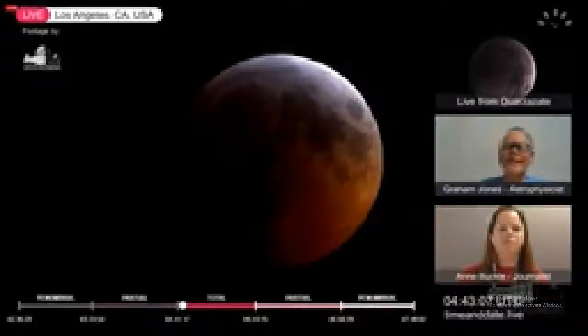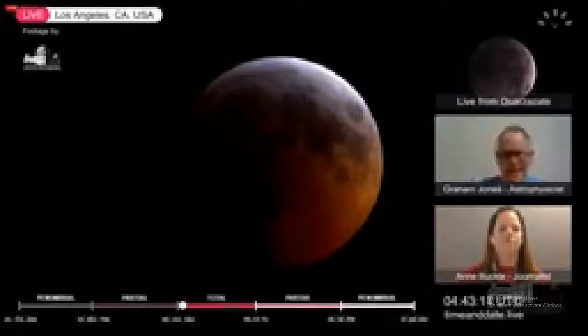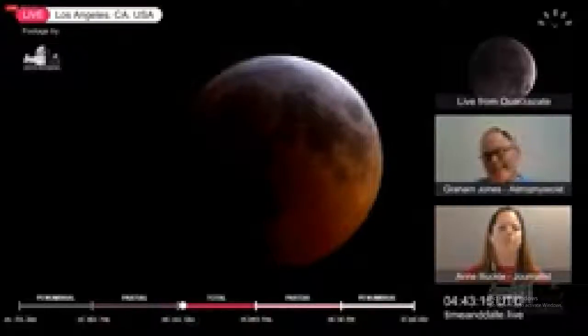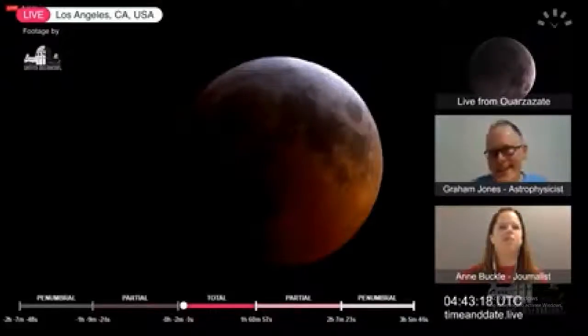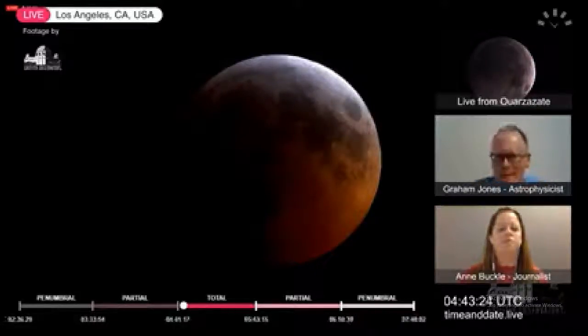We can still see that the top right corner of the moon, as we're looking at the pictures here from Los Angeles, is still looking a little bit brighter than the rest of the moon. That's because that part of the moon has only just moved into the full dark part of the Earth's shadow. But we are now into totality.